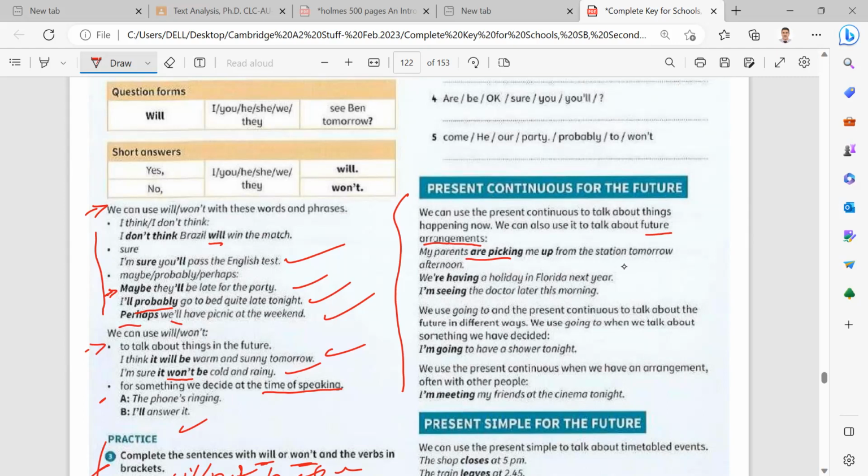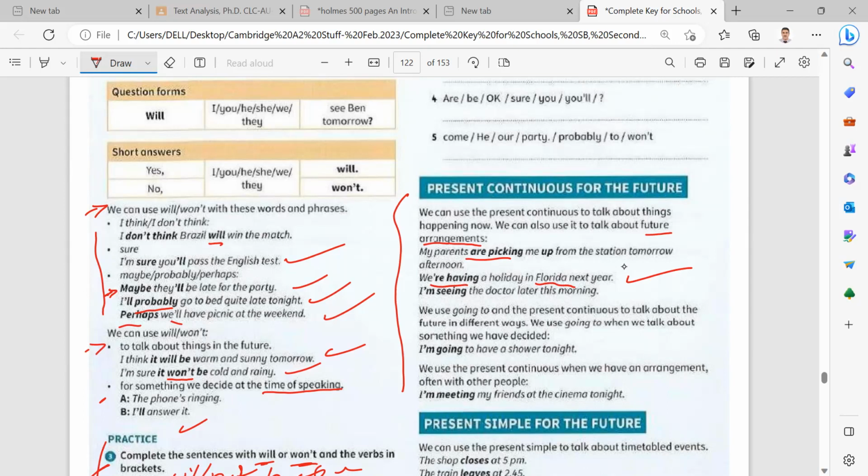Another one, we are having a holiday in Florida next year. يبقى في تخطيط وترتيب. اوكي، يعني هم خلاص الناس ديت مرتبين حالهم. They are traveling to Florida next year.